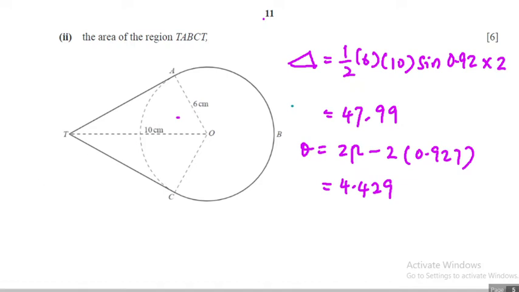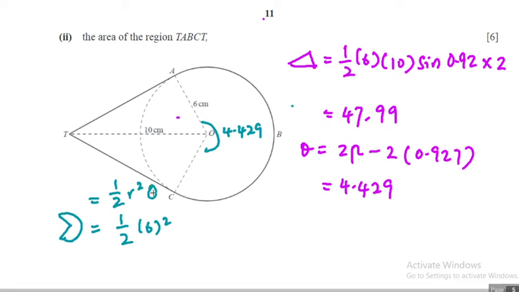We just use the formula half r squared theta to find the area of the major sector here. The major sector equals half r squared theta. Our radius here is 6.